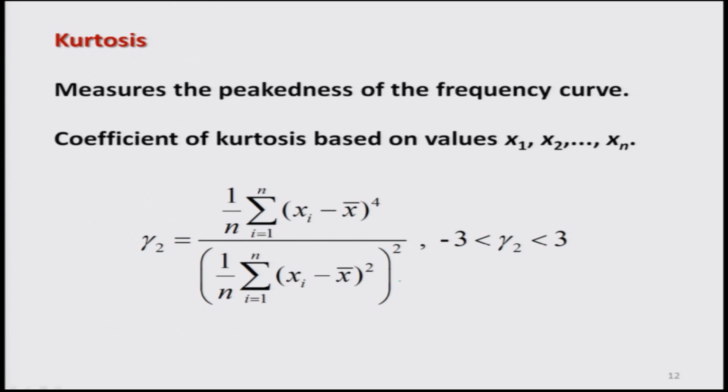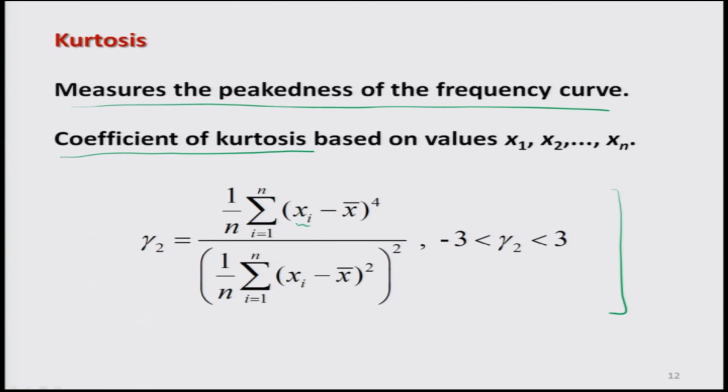But before that, similar to the coefficient of skewness, we have the coefficient of kurtosis also. This coefficient of kurtosis measures the peakedness of the frequency curve, right. This is also a similar measure, but here we take the deviation of every observation from the mean, then take its fourth power and then the average.